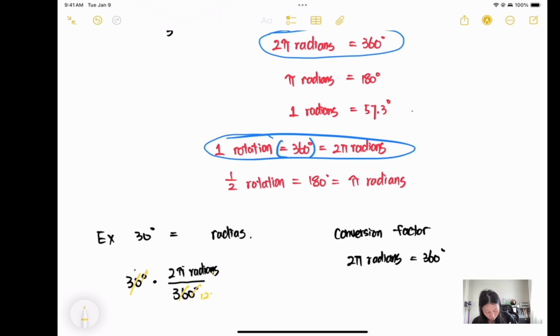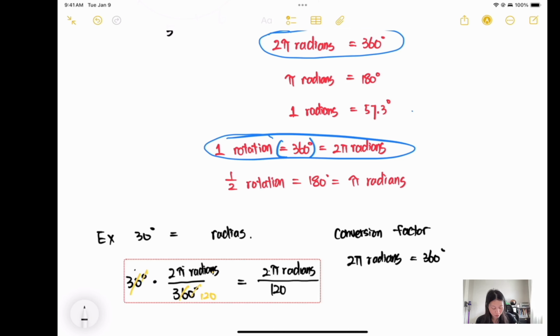So you have 2 pi radians over 120. Now we can continue to simplify it. So 13 degrees after I convert it to radians is equal to 1/6.